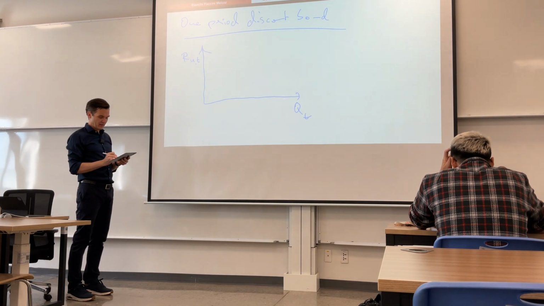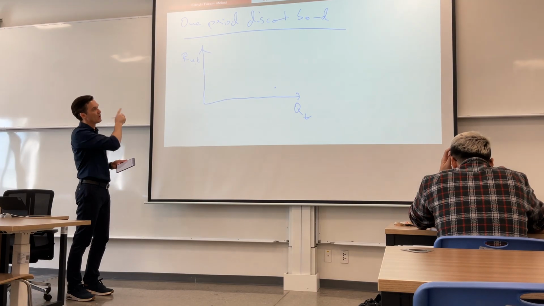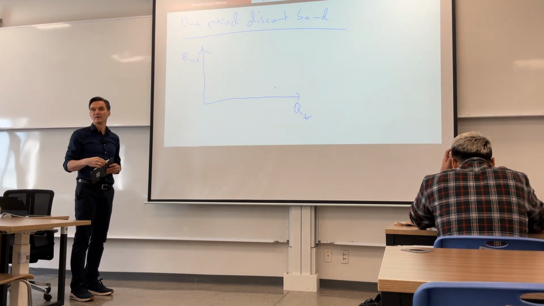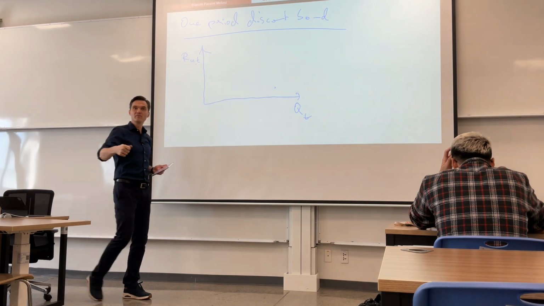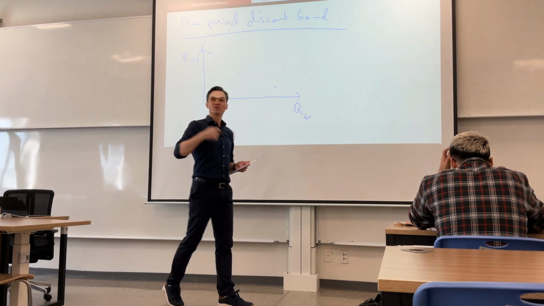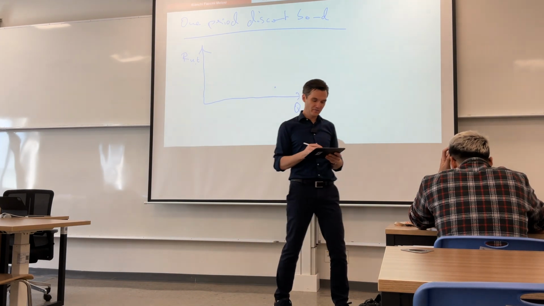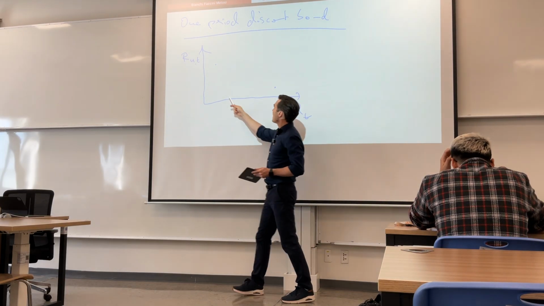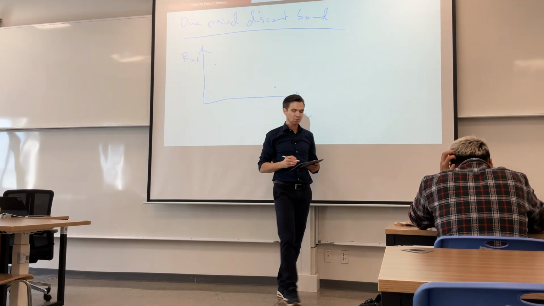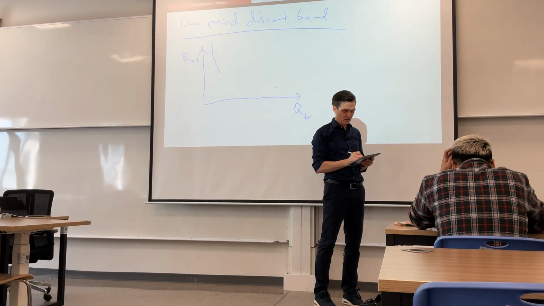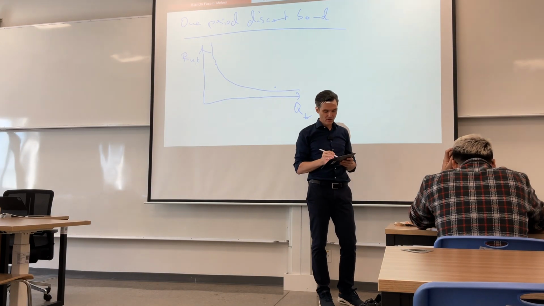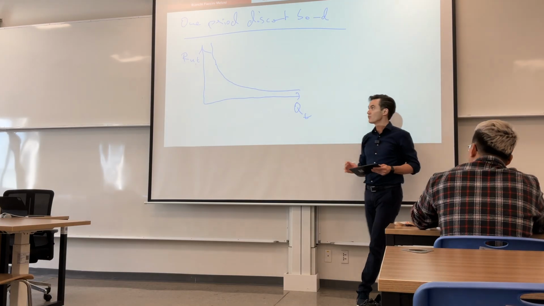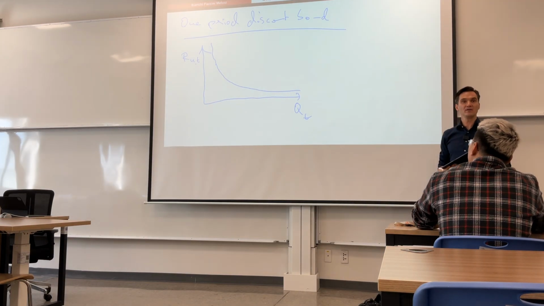That is, the higher the price, the lower is the rate of return. The higher the price you're paying for this discount bond, the lower is going to be the rate of return. And vice versa, the lower the price that you're paying for this bond, the higher is your implied rate of return. So we have this inverse relationship between the bond price and the implied rate of return. That is basically it.